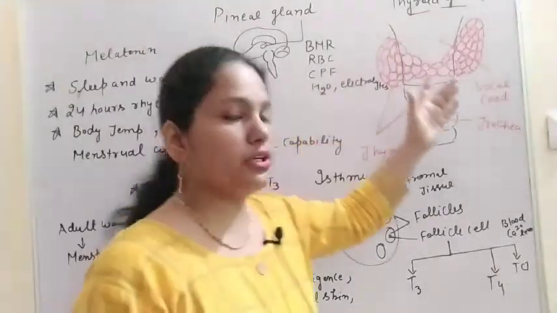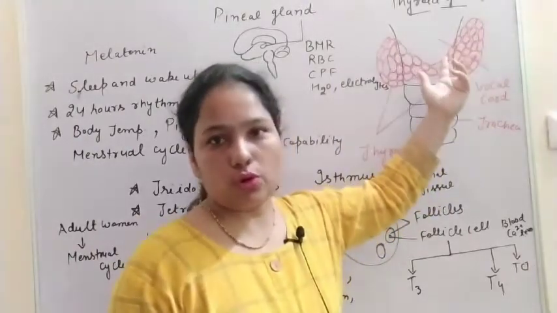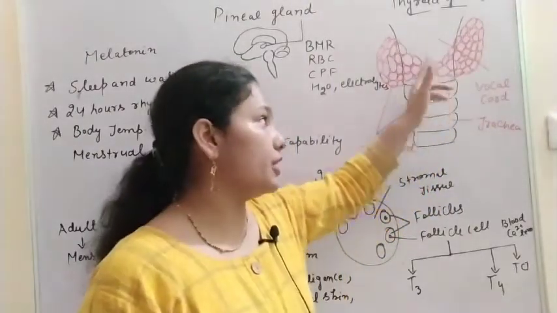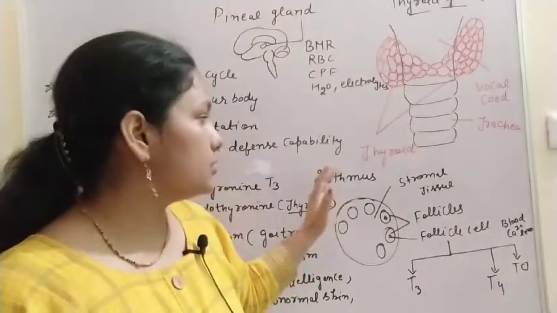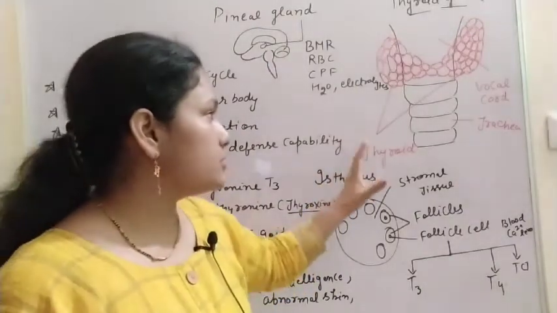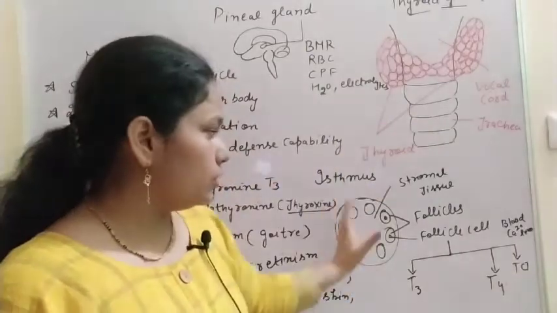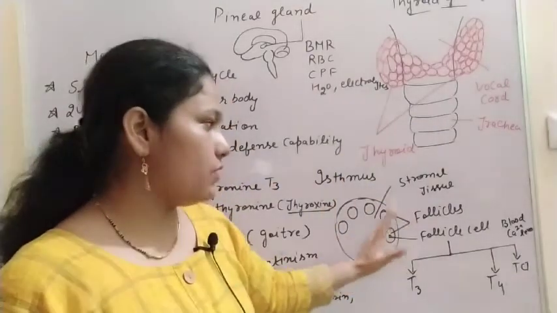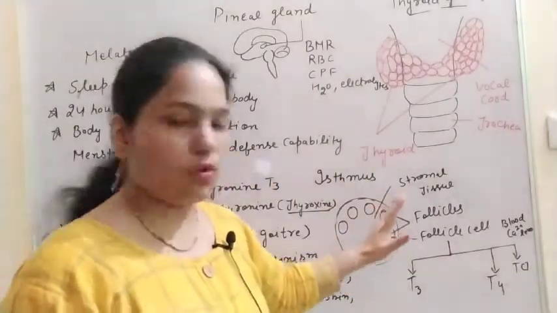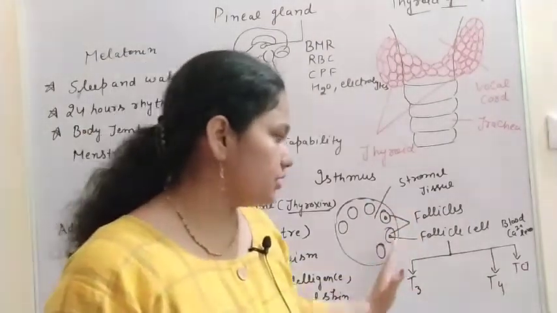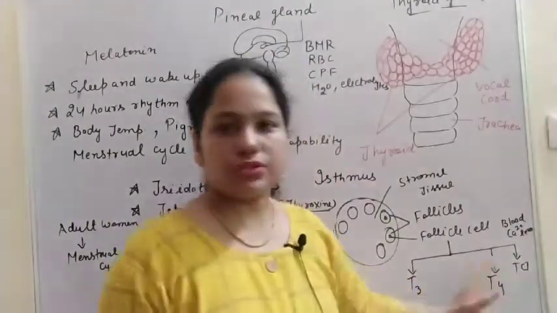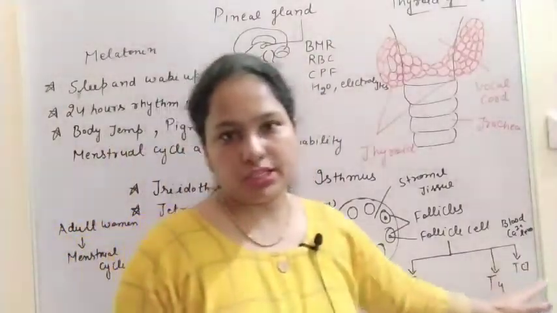After that, the thyroid gland. There are two lobes of the thyroid gland, connected with a connective tissue sheath known as the isthmus. This thyroid gland has various follicles with stromal tissue, the follicles having follicle cells, and these follicle cells release the hormones T3, T4 and TCT.